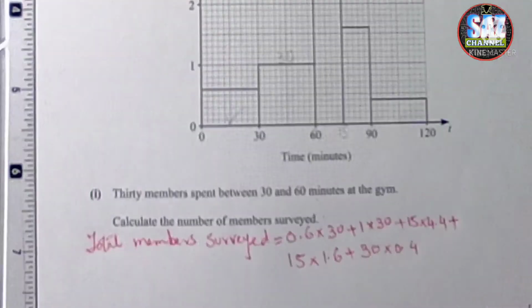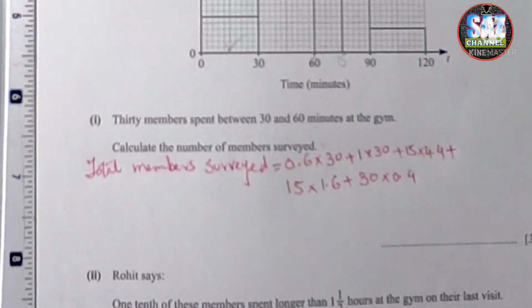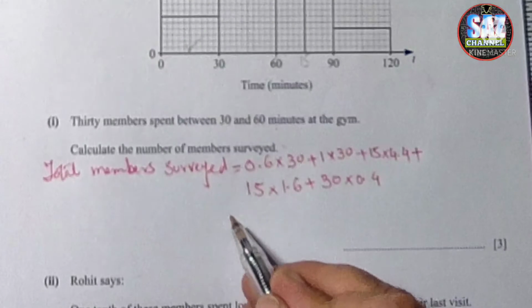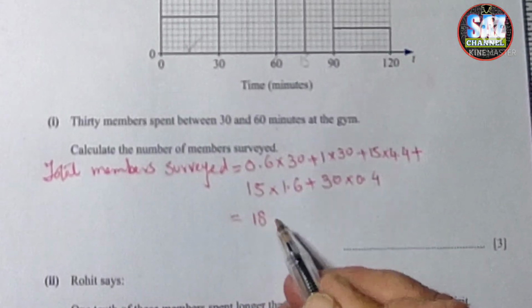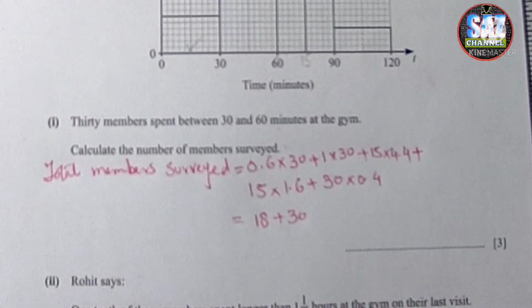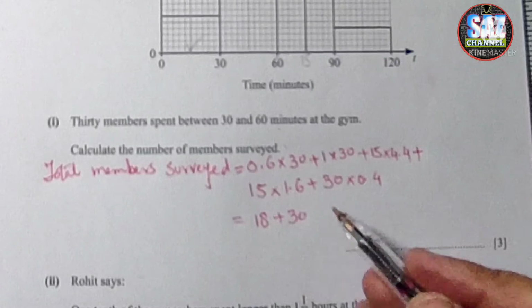Now what we have to do is carefully multiply all these numbers. 30 multiplied by 0.6 is 18. 1 times 30 is 30. Then 15 multiplied by 4.4 is 66.